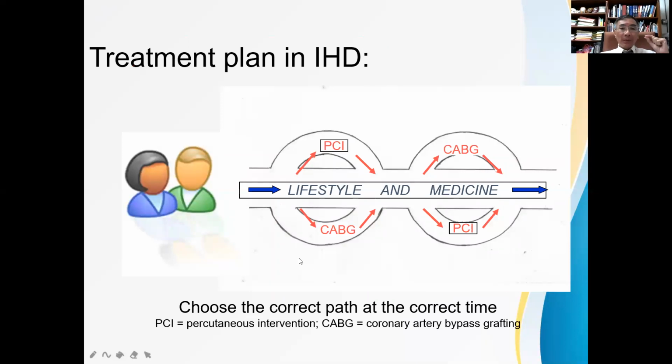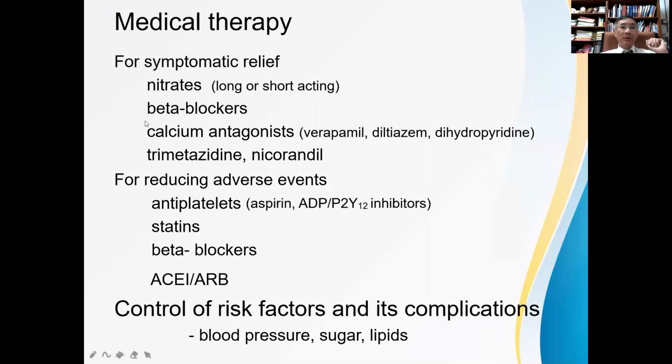So this is the picture of how the treatment plan for a patient with coronary artery disease will be. Lifestyle and medical treatment is continued forever, and depending on the patient's problem, you can intervene with some percutaneous intervention or with bypass surgery. The correct choice at the correct time will allow us to help the patient.